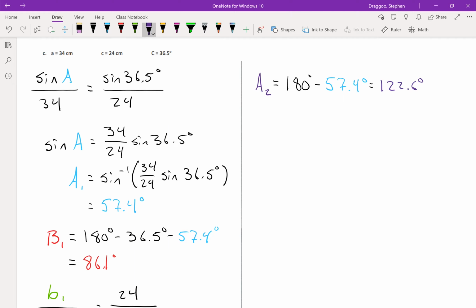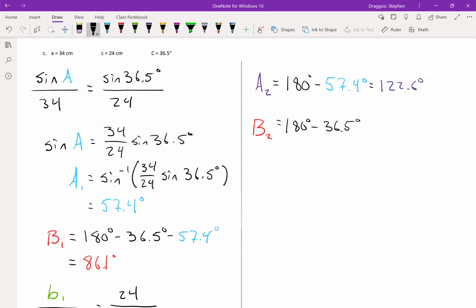And now we'll do the same work again to get an angle B2 and a side B2, but based off of angle A2 being 122.6 degrees instead of A being 57.4 degrees. So B2 then should be 180 degrees minus the given angle, which is 36.5, because that information cannot change.